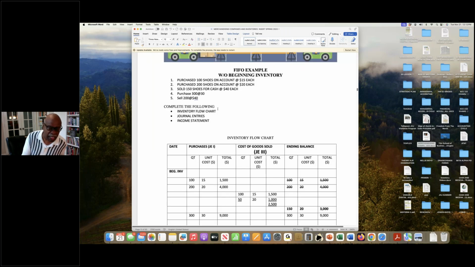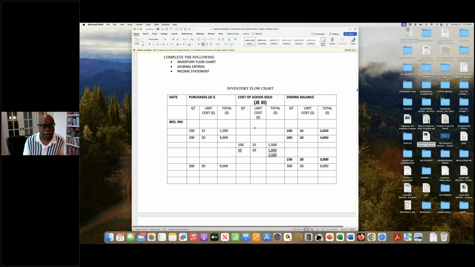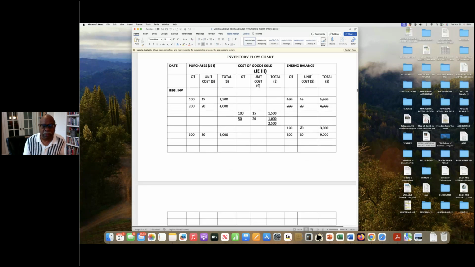But now I got to come to this inventory flow chart to get 200 pairs of shoes. So we're going to bring these in. Now these are all gone.